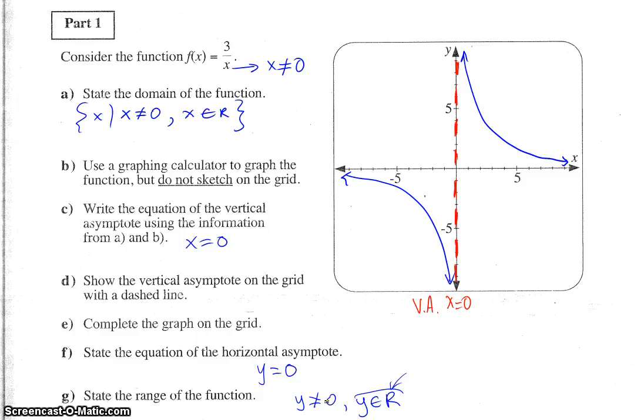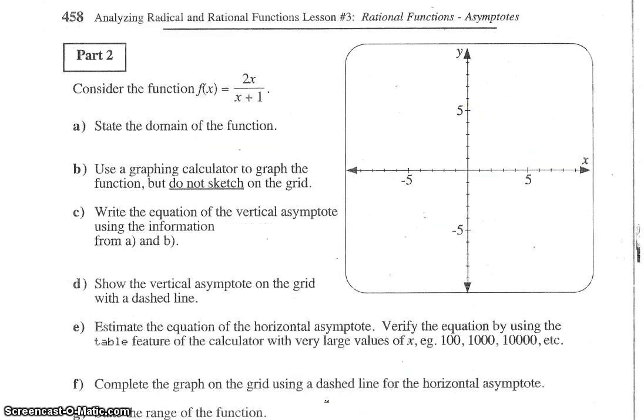Okay, so let's take a look at the next example. On the next function, we have 2x over x plus 1, and they want you to start off by stating the domain again. So, once again, denominator can't equal 0, so therefore x can't equal negative 1, and our domain would be that x can't equal negative 1, but it could equal anything else.